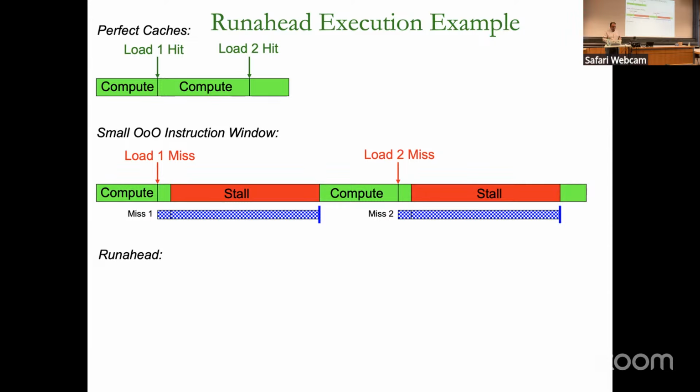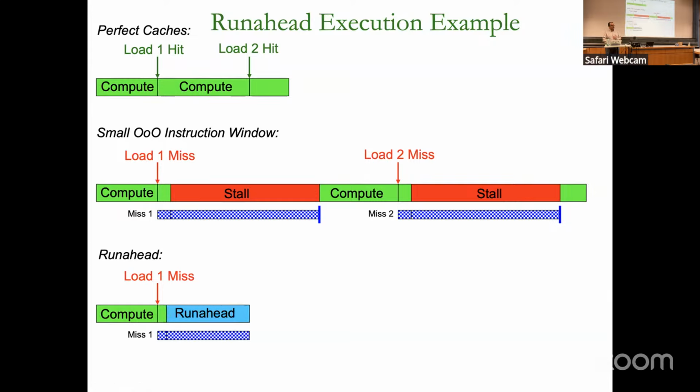So with Runahead, the way we can do it is we compute. Then we have this miss. We still continue our compute, similar to the previous one. But after that, when this load instruction is the oldest one, instead of stalling, you continue execution speculatively in a Runahead mode, meaning that you continue execution, but you don't necessarily commit instructions.